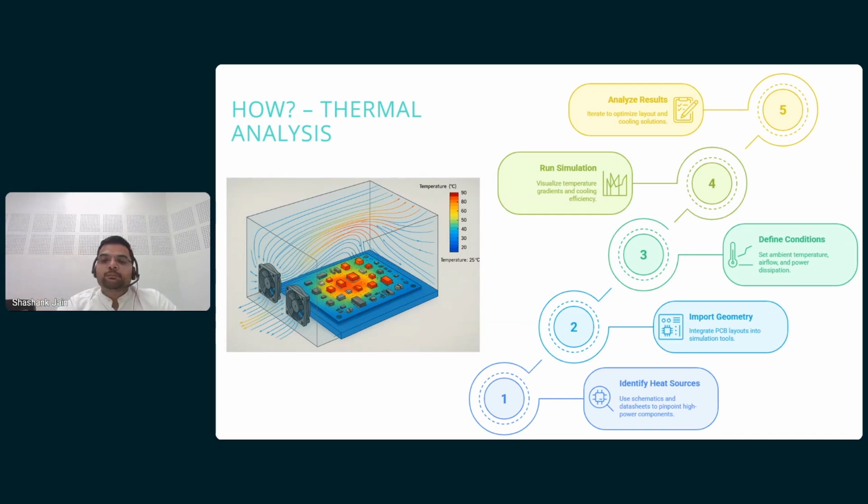And then you import the PCB geometry into the simulation tool, and then you define the ambient and environmental conditions. Then we run the analysis, review the results and record the feedback. Now, the role of an engineer comes into the picture in how you translate the actual conditions, like the ambient temperature, the airflow, the power dissipation, and the selection of heat sources, into a simulation tool.